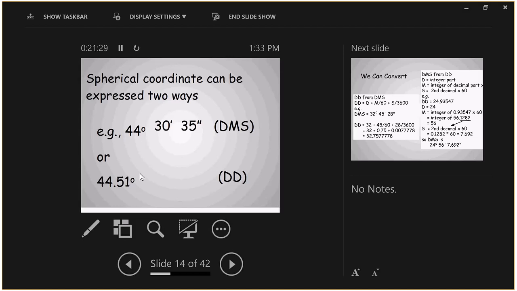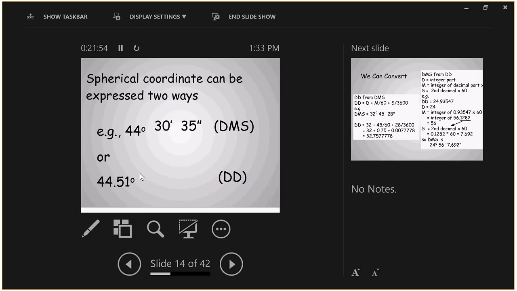So the general formula for that would be the number of minutes divided by 60. 30 divided by 60 would be 0.5. Okay, so that's the general formula for it. Then we can take that one step further. How many seconds are there in a degree? Well, there would be 60 times 60 seconds in a degree.